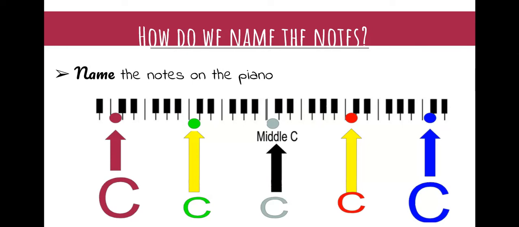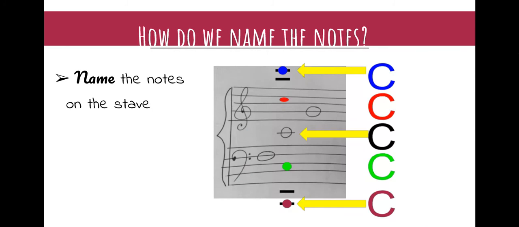All those notes just happen to be C. I've coloured the one in grey in the middle, which identifies middle C. And then I've got some C's further up and C's further down. If you can see the pattern here, can you notice that the little circle I've drawn is appearing on the white key which is to the left of the 2 black keys? Do you see that? So let's move on.